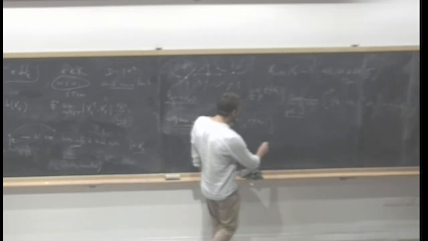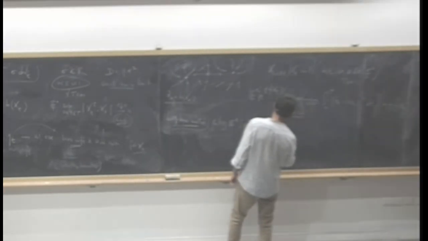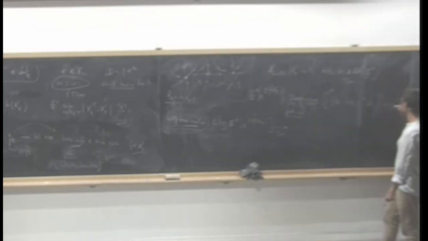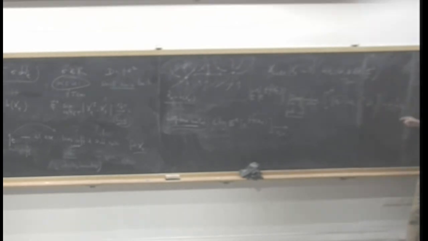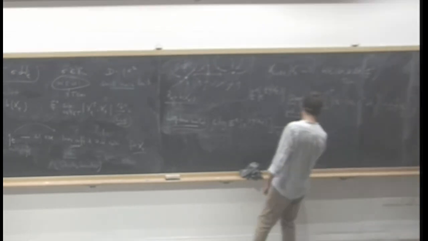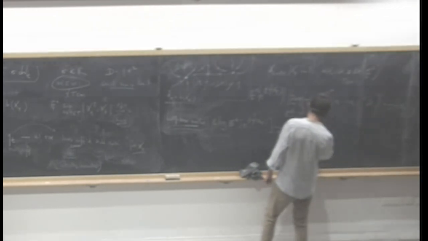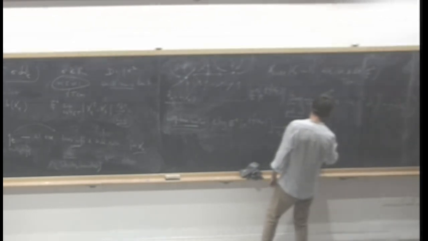And what is the limit? If you take epsilon going to 0, the limit is what maximizes the integrand here. So it's the sup of the integral, let me write it in that order.